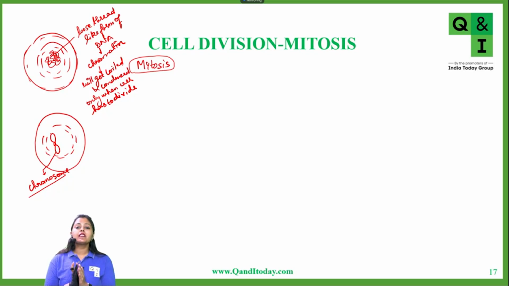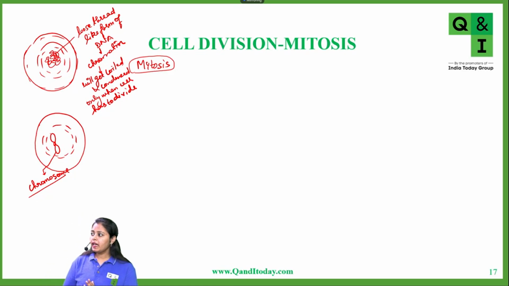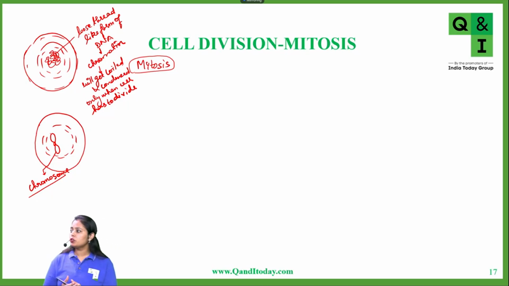If a cell is in resting stage, the DNA would be present in the form of chromatin. What's the difference between chromatin and chromosome? Please make this point very important: chromosomes are formed only when a cell has to divide.